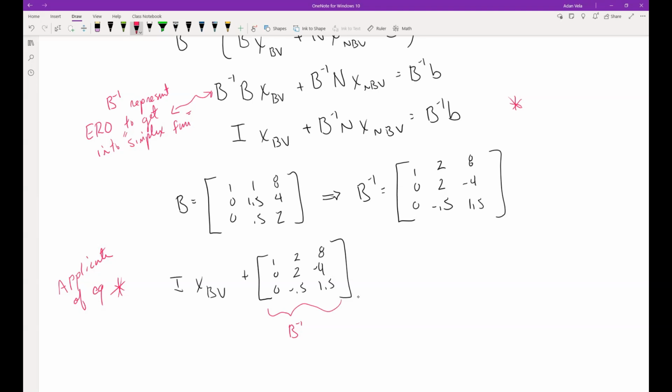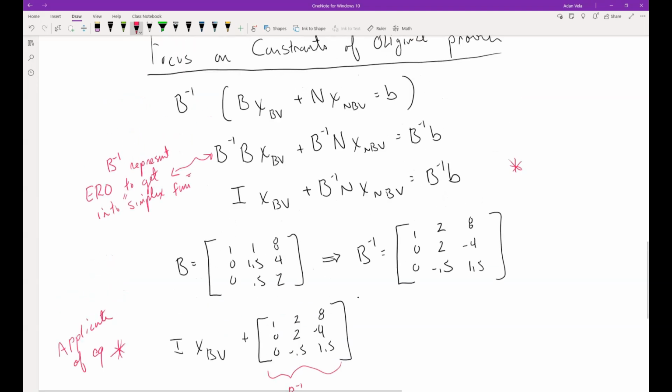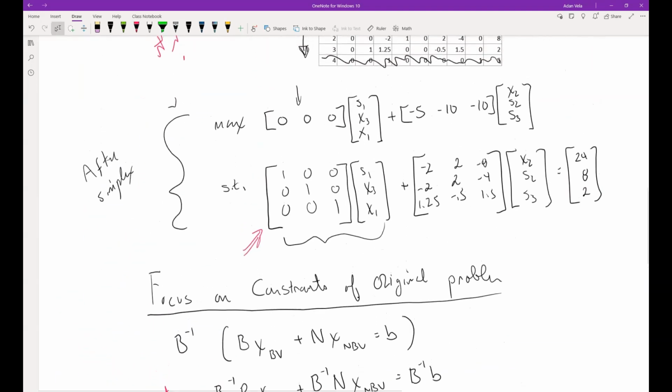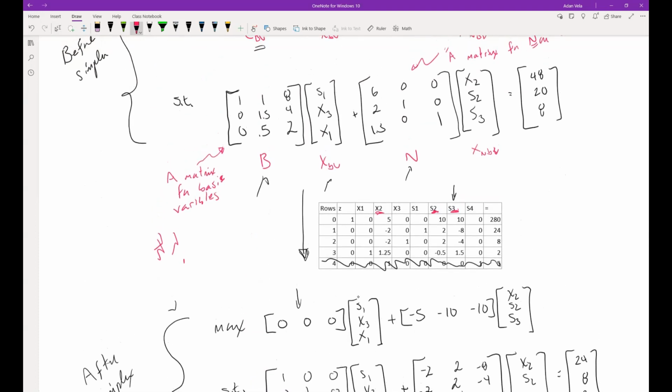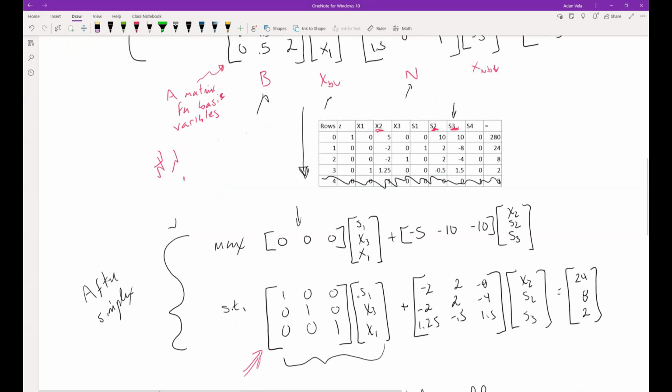All right, so we got the B inverse. The next thing we need is N, and we had written out N before. So N is this guy here with the 6, 2, 1.5, 0, 1, 0, 0, 0, 1. So we can go ahead and just fill that in.